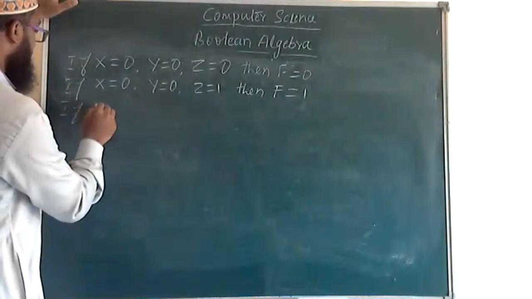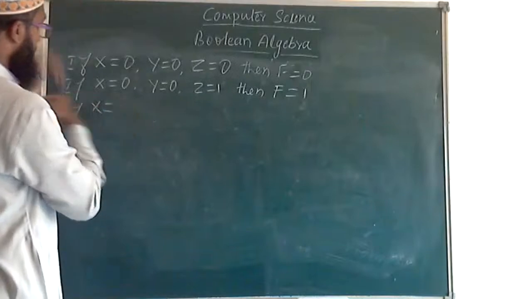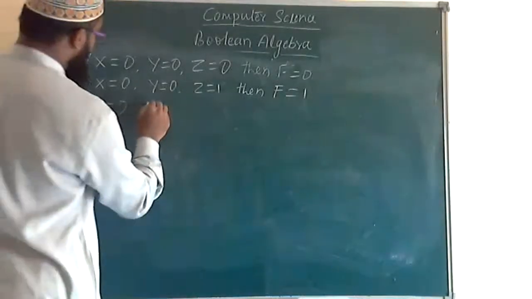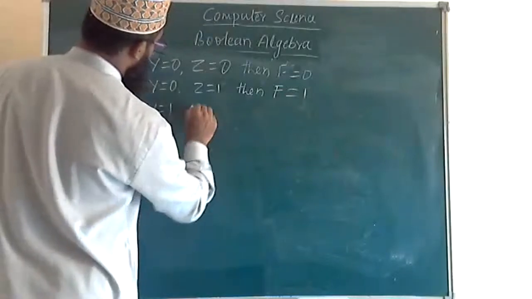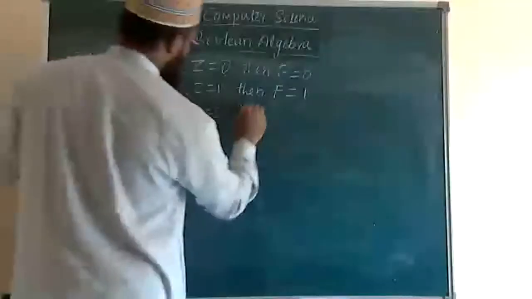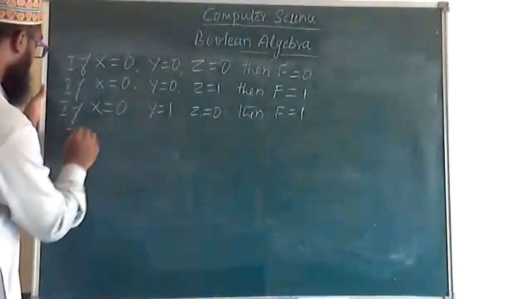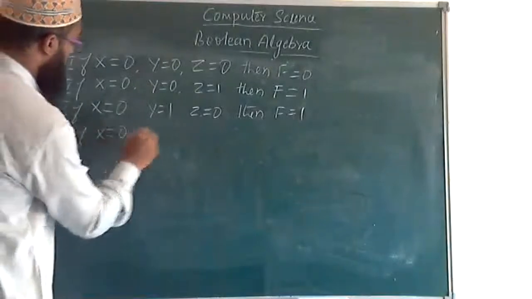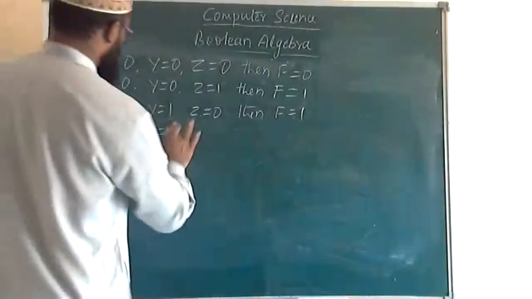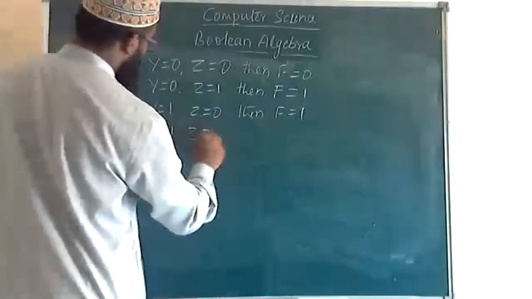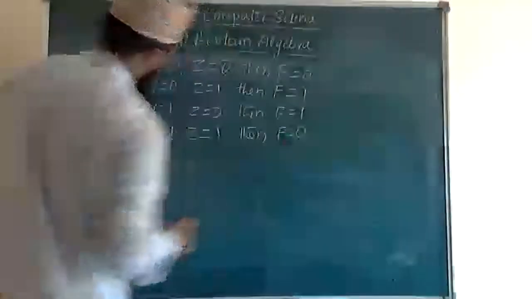If x is equal to 0, y is equal to 1, z is equal to 0, then f is equal to 1. If x is equal to 0, sorry, y is equal to 1, z is equal to 1, then f is equal to 0.